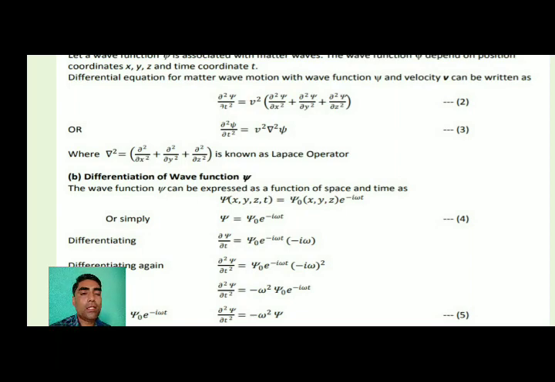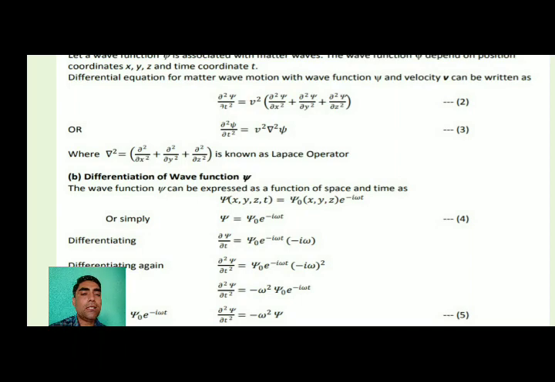So the first order derivative is del by del t of psi equals psi 0 e to the power minus i omega t times minus i omega. So the effect of first order differentiation with respect to time is the multiplication of psi by minus i omega.